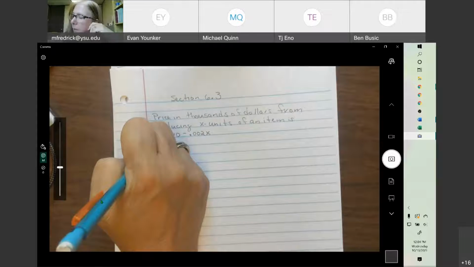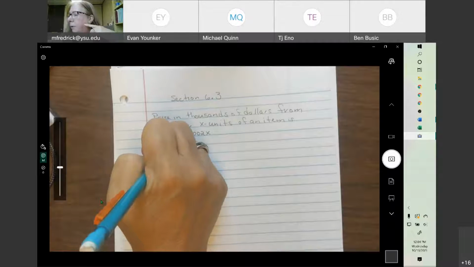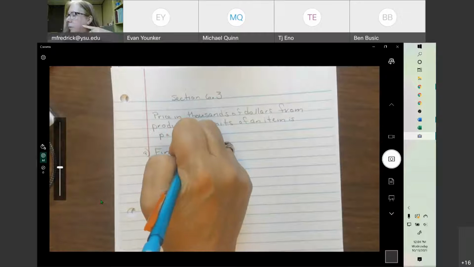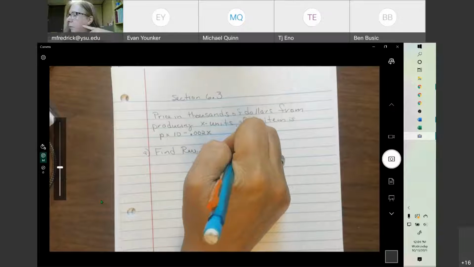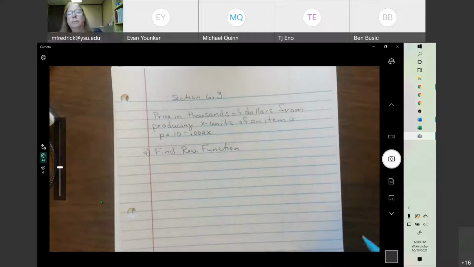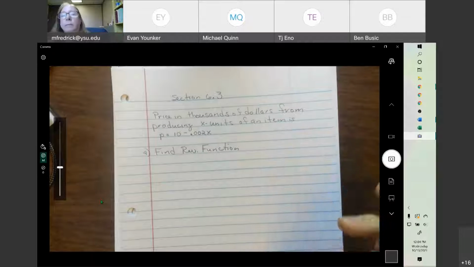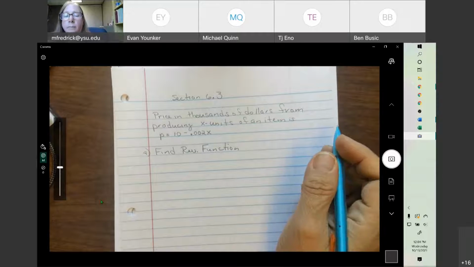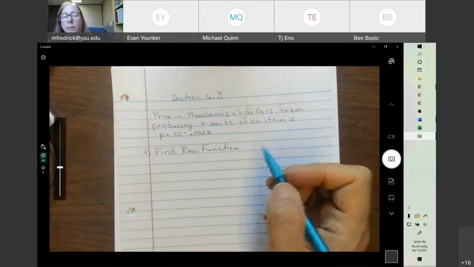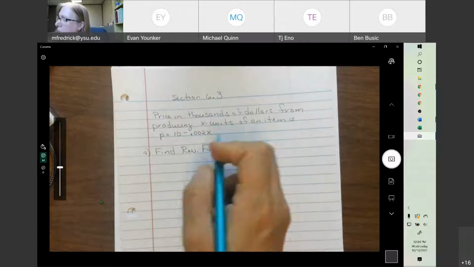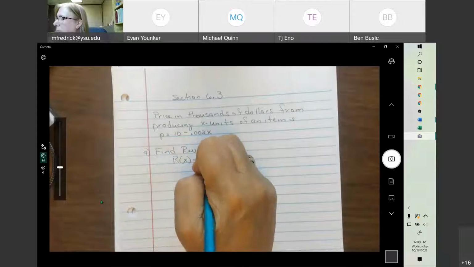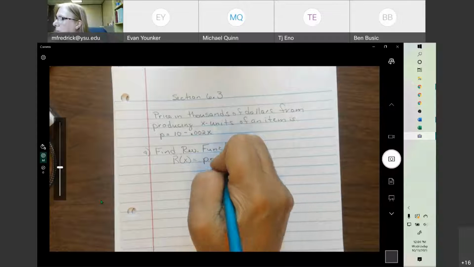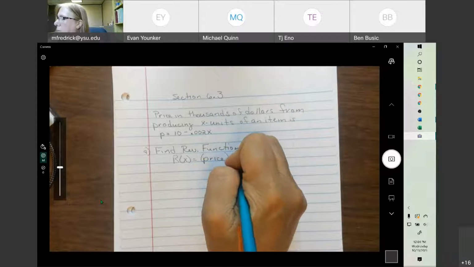First thing, find the revenue function. To find the revenue function, revenue is price times quantity.